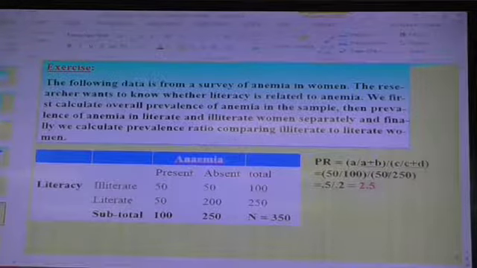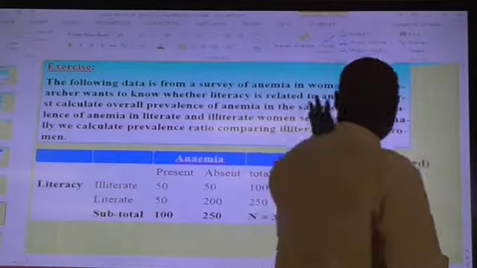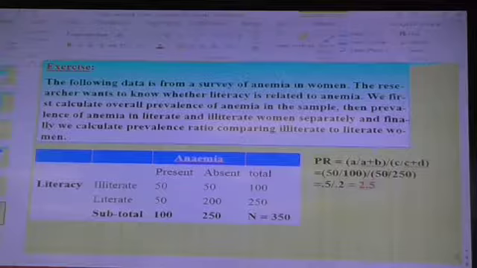If we are doing formal analysis, we always start by giving overall prevalence, but in this case I just went to comparative analysis. So the first one, A over A plus B, is in the exposed group, because if they are literate, it's awareness, so they can read about any condition.